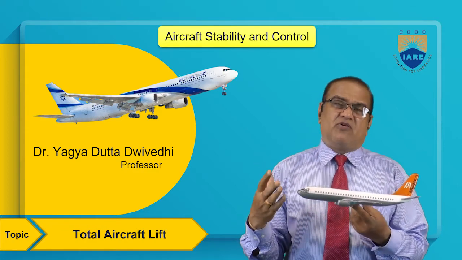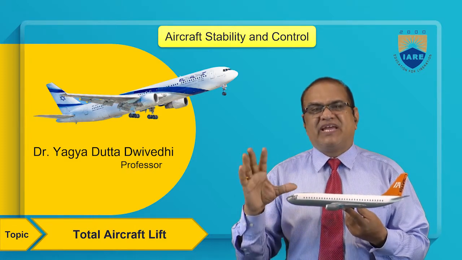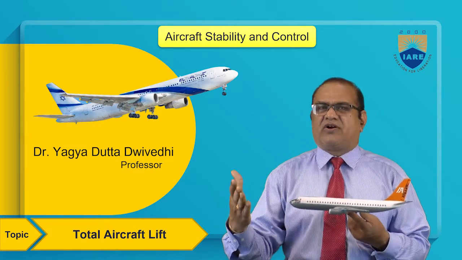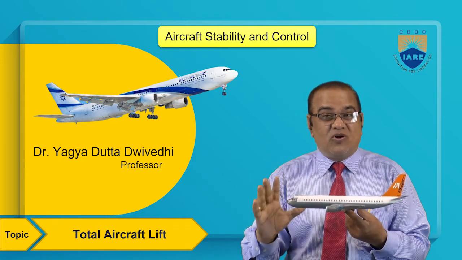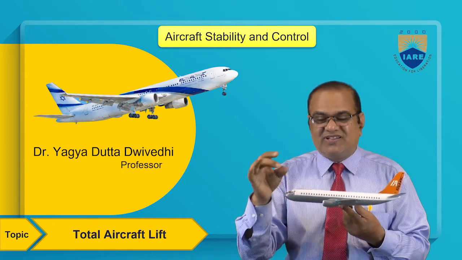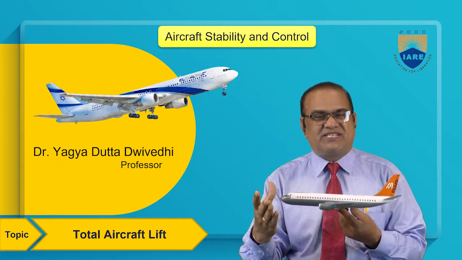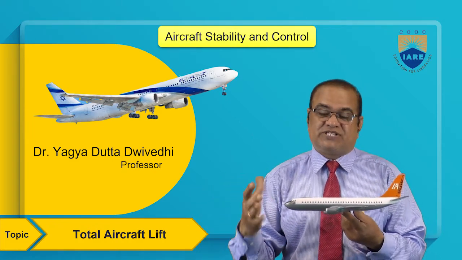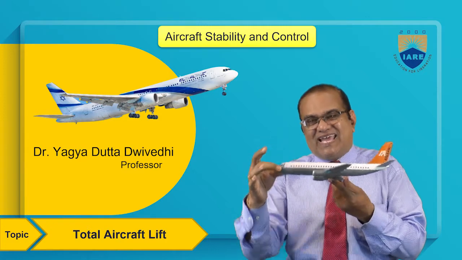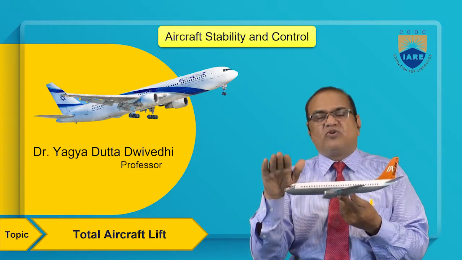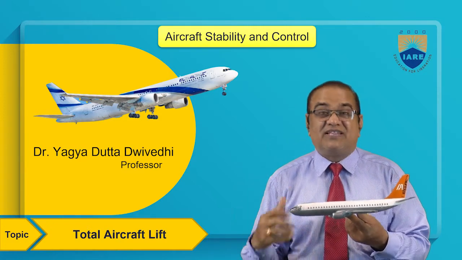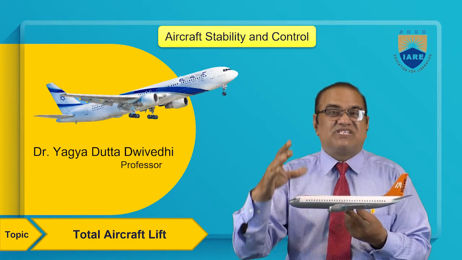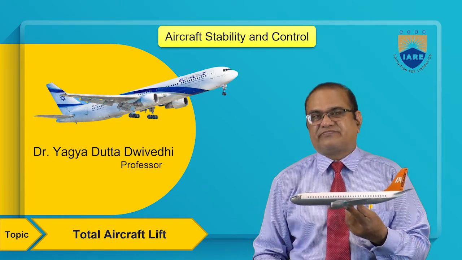When I talk about static stability, we are not concerned with whether it actually comes back. We are only concerned with the tendency. After the disturbance, you remove the disturbing force, and if the aircraft nose tends to come toward its original position, then we can say the aircraft is statically stable.